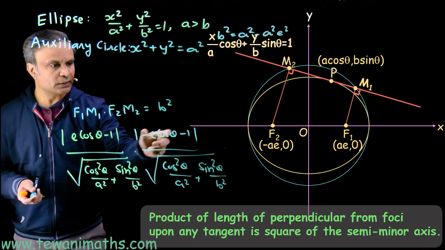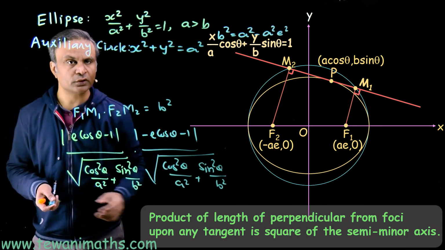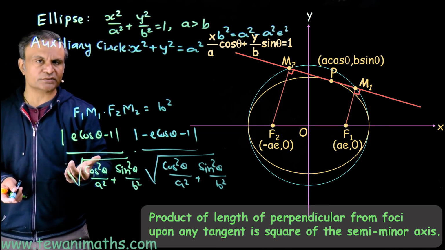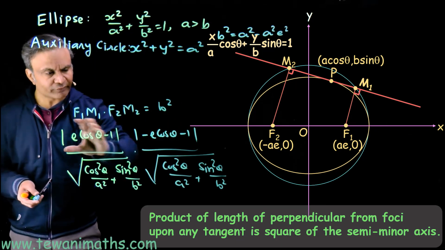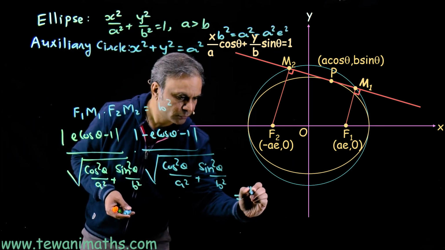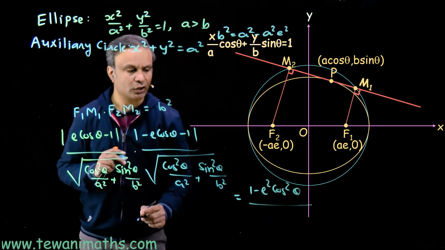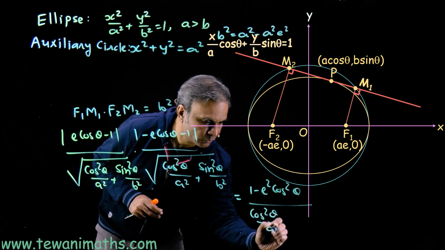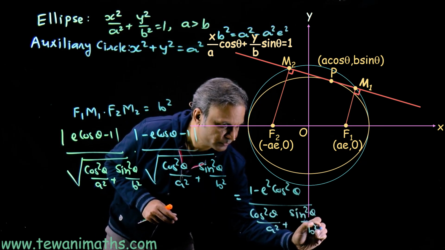It's simple. Now this is 1 plus e cos theta when we remove modulus function, and this will be 1 minus e cos theta because e cos theta is less than 1. So when we remove modulus function, we have here 1 minus e square cos square theta, and in denominator we have cos square theta upon a square plus sine square theta upon b square.